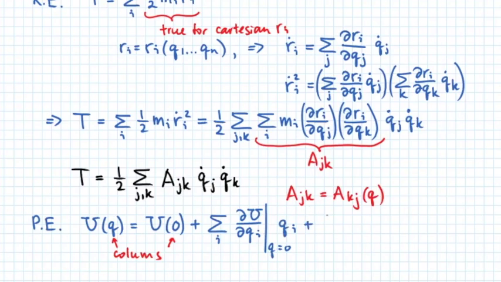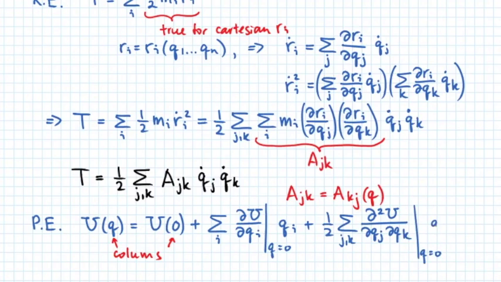plus half of a double sum over j and k of the partial mixed derivative of u with respect to q sub j and q sub k evaluated at q equals 0 and multiplied by q sub j and q sub k, plus higher order terms.